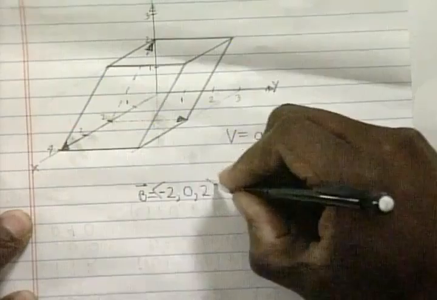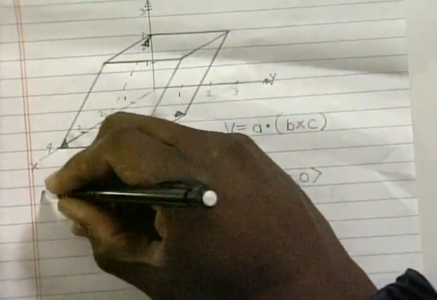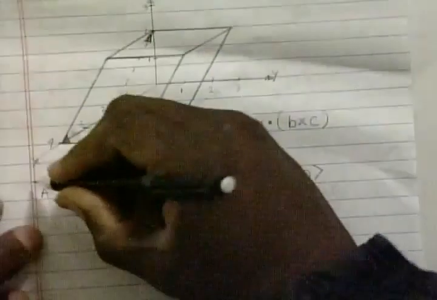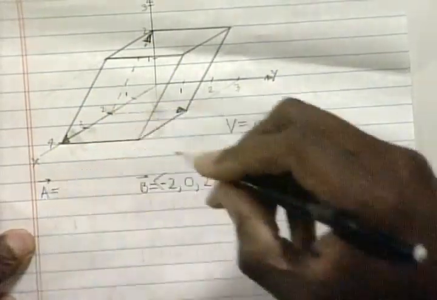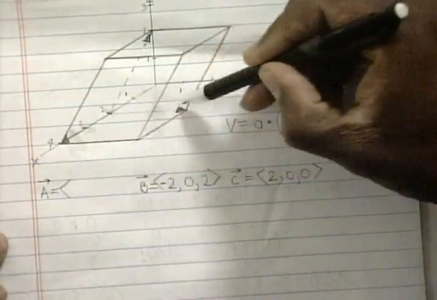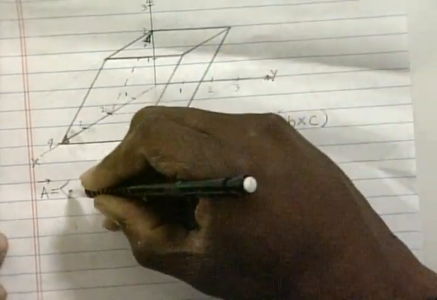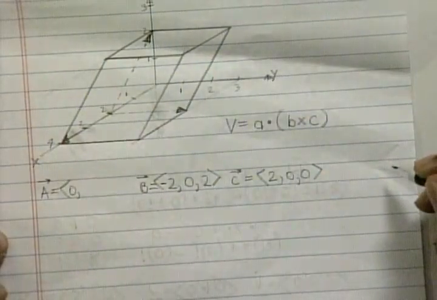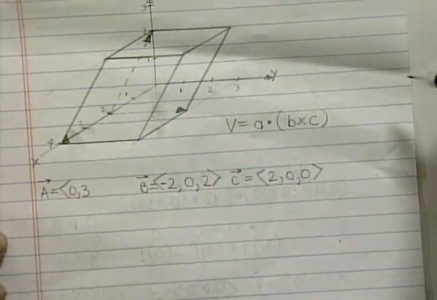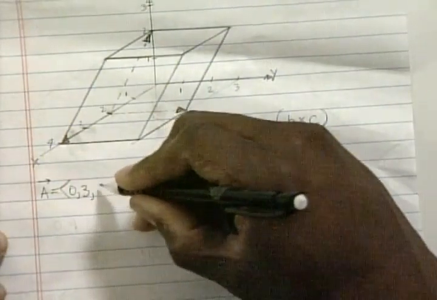That's how we identify vector B. Let's call this vector here vector A, the third of the three vectors forming this prism. Vector A is not traveling in the x direction, it appears to be traveling 3 in the y direction, and 0 in the z direction.